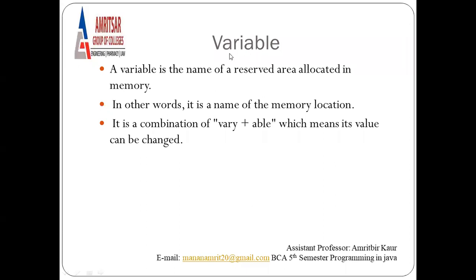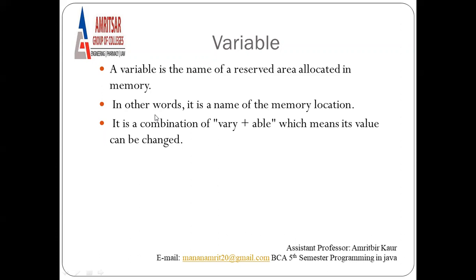So our next topic is variables. A variable is the name of a reserved area allocated in memory. In other words, it is a name of a memory location. It is a combination of vary and able, which means its value can be changed. For example, we use a variable like int a. Here a is our variable name. We can store any value, any literal, in the variable.